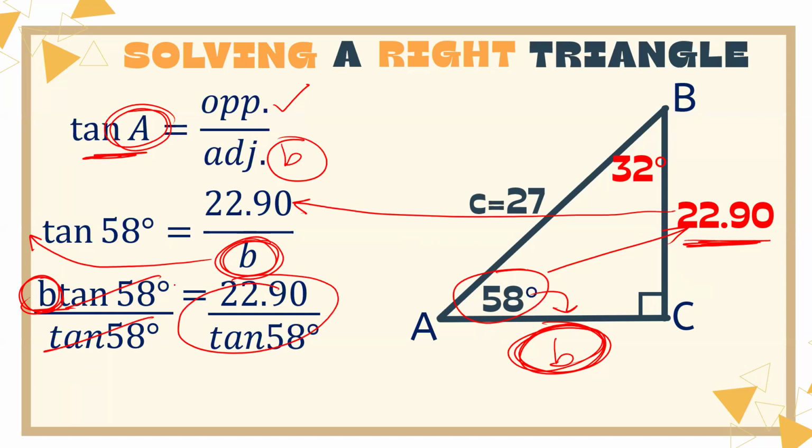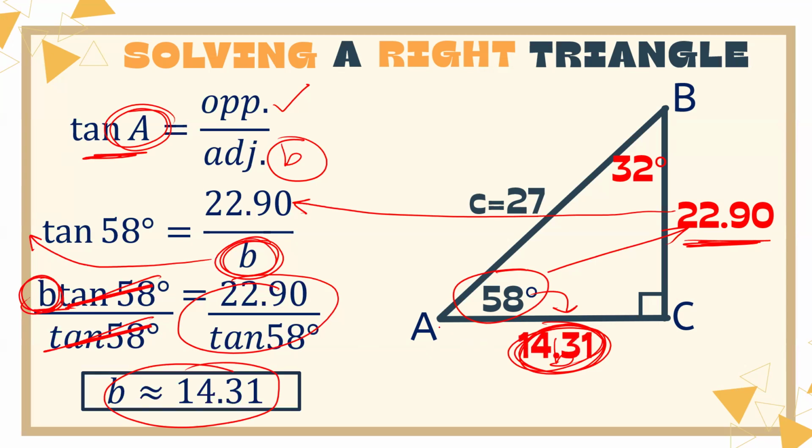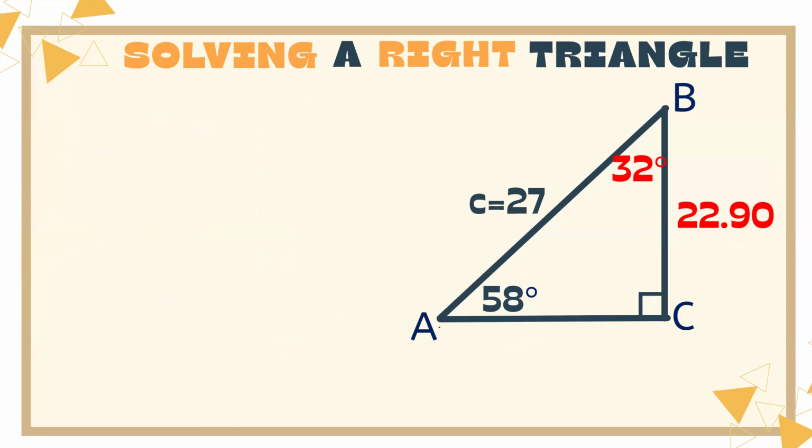Use your calculators, everyone. What is the answer for that? Very good. That's still 14.31. So whether we use tangent or cosine a while ago, we were still able to solve for the length of side B.